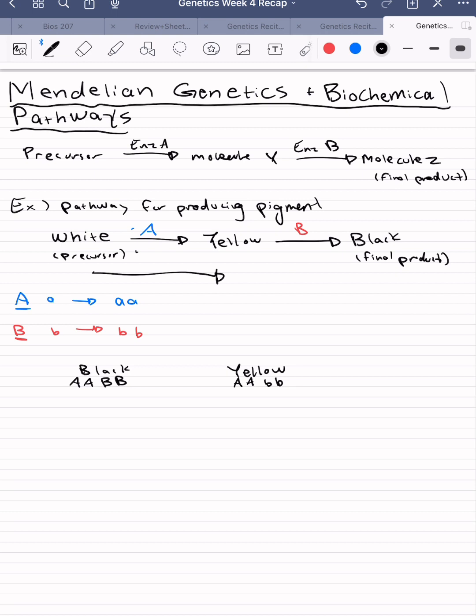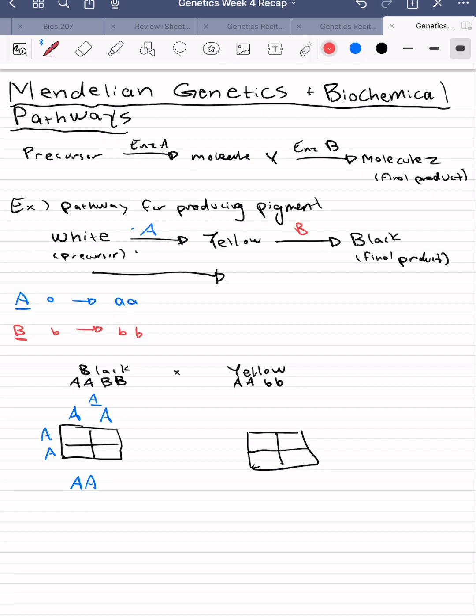Now, let's say we cross these individuals together. What we'd do is we'd make a Punnett square for each of the genes. So for gene A, we're going to make a cross, and we have an individual that is homozygous dominant. Both of them are homozygous dominant, so all of the F1 progeny are going to be homozygous dominant at the A allele.